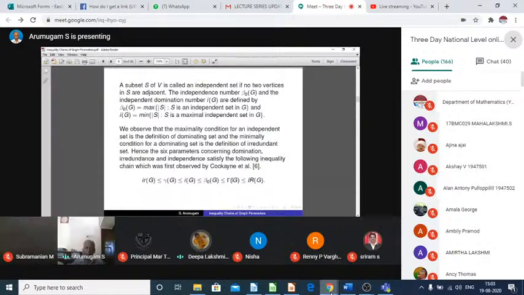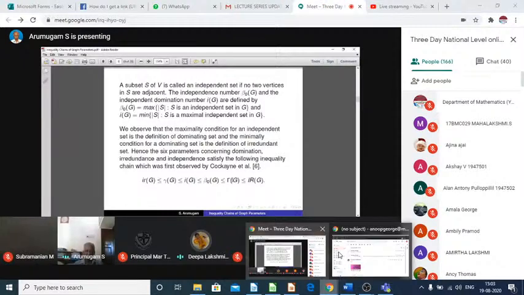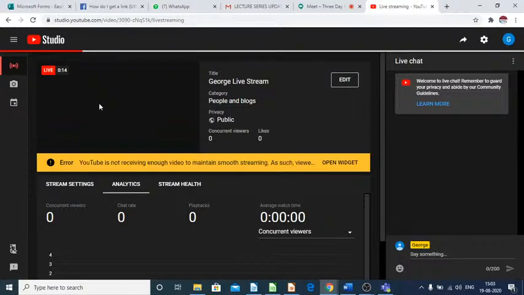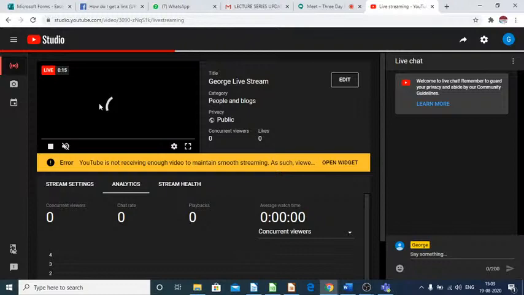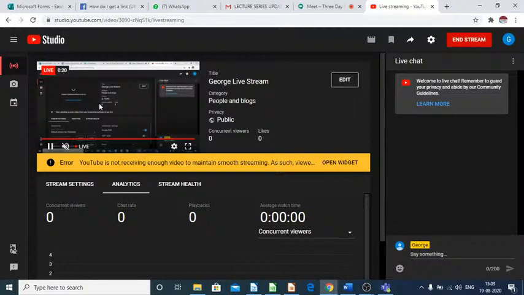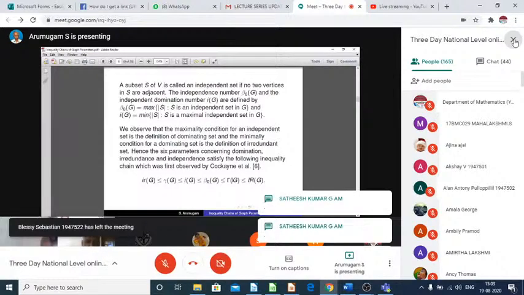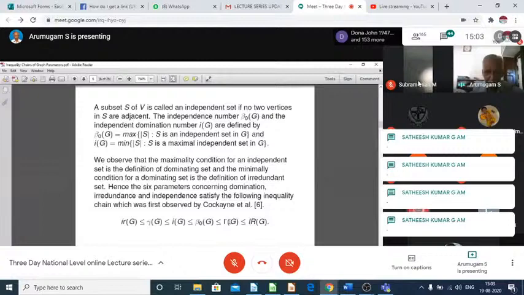By a private neighbor, I mean a vertex whose only neighbor in the set S is the vertex V. So a dominating set S is a minimal dominating set if and only if every vertex in S has a private neighbor.